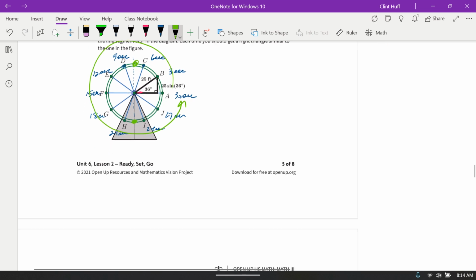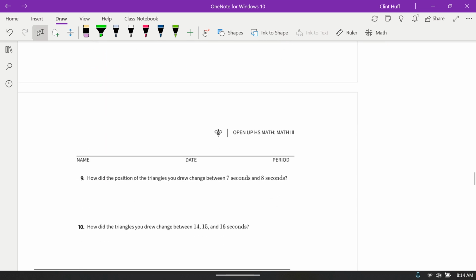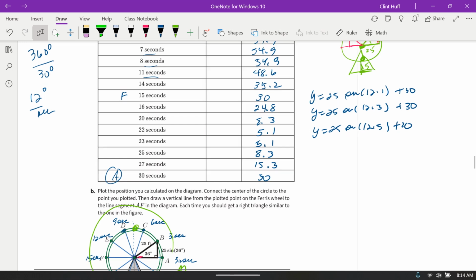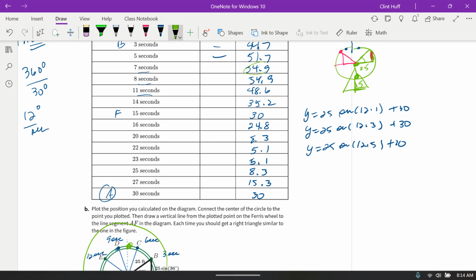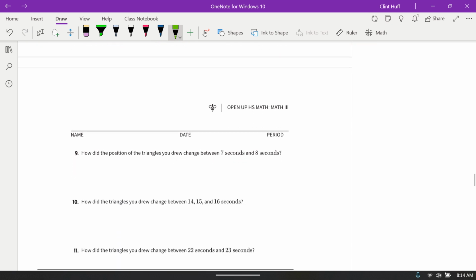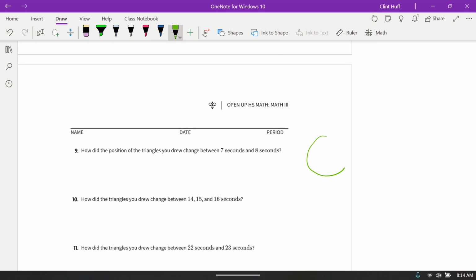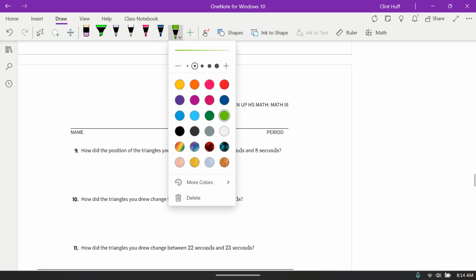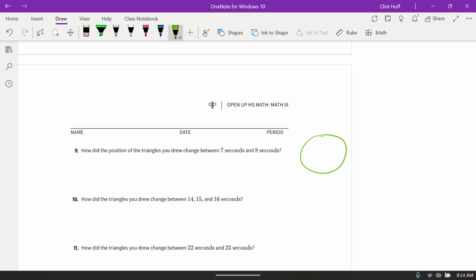Okay, so it says, what about the positions for 7 and 8 seconds? Notice they have the same values, because at 7 and 8 seconds, if I draw a circle, we would be at positions like this and this.